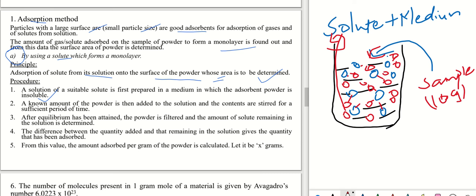After equilibrium has been attained, meaning after mixing, this solution is filtered.